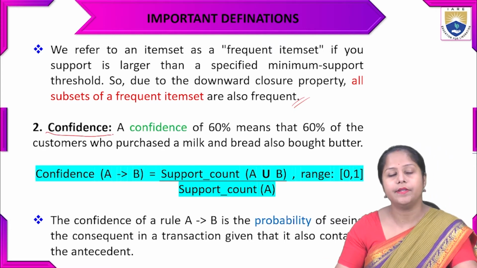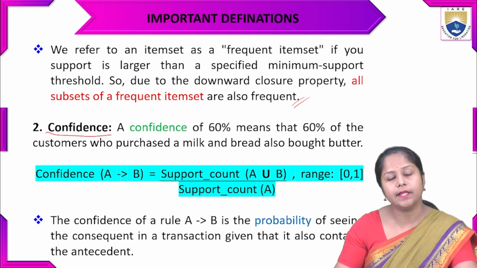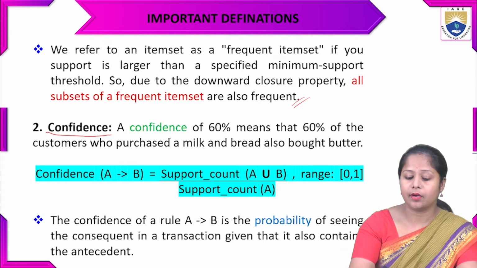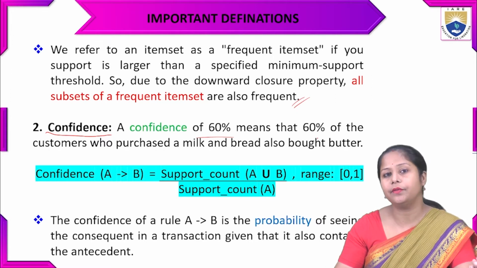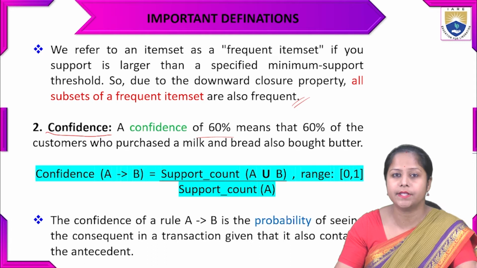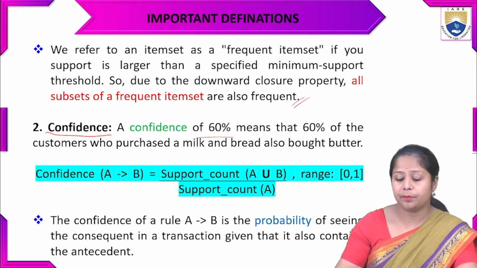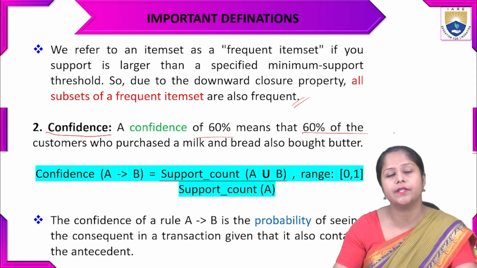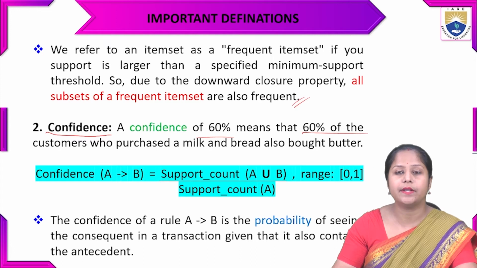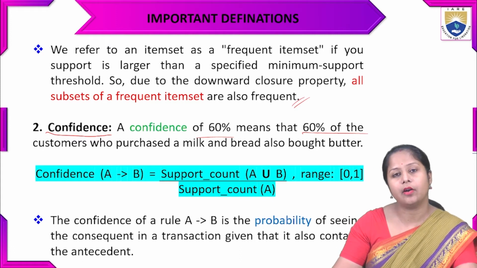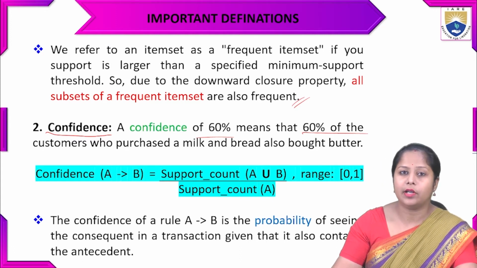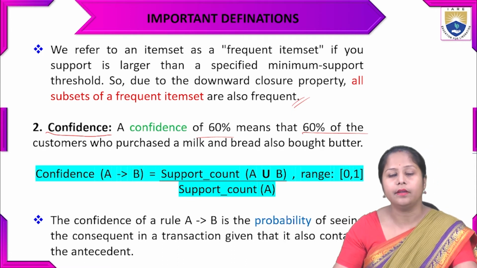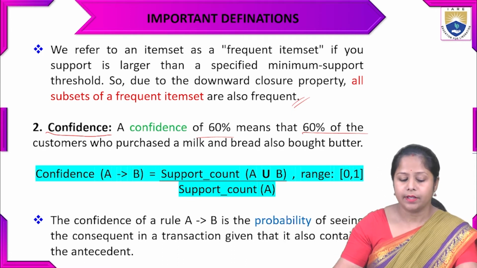What is confidence? Suppose we check a confidence of 60%. If from the formula we get the confidence as 60%, that means 60% of the customers who purchase milk also buy bread, and they bought them together.